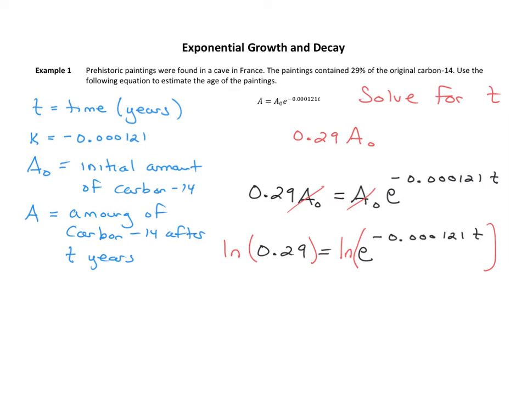This equation becomes the natural log of 0.29 is equal to negative 0.000121 t. Again, this natural log and this e cancel, and it leaves us with this. To solve for t, I can divide both sides by this number.